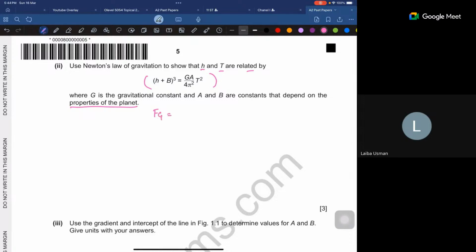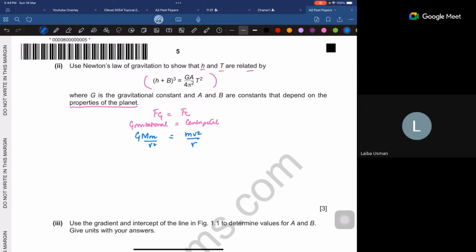Gravitational force is equal to centripetal force, the one they asked us earlier. With that said, gravitational force will be GMm over r squared. This is going to be mv squared over r. Now the problem with this is that there are certain quantities that we need to get rid of.